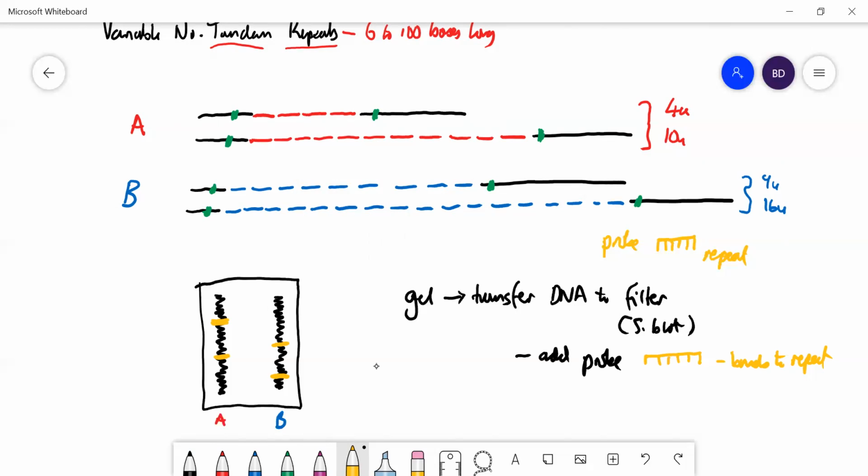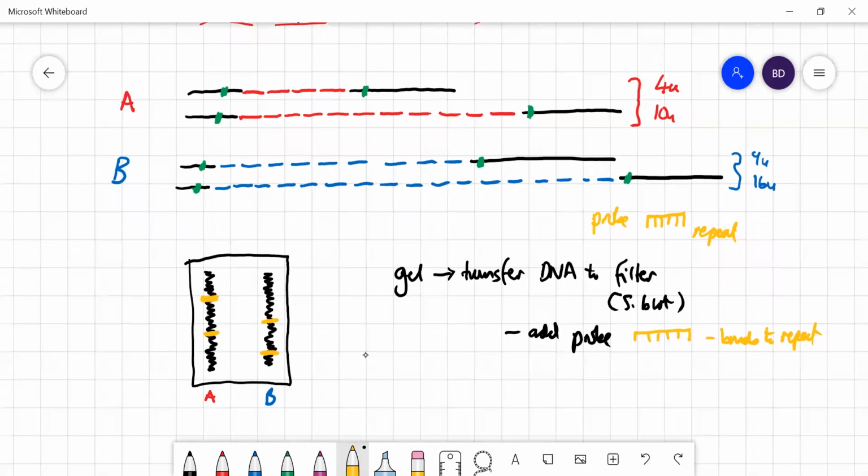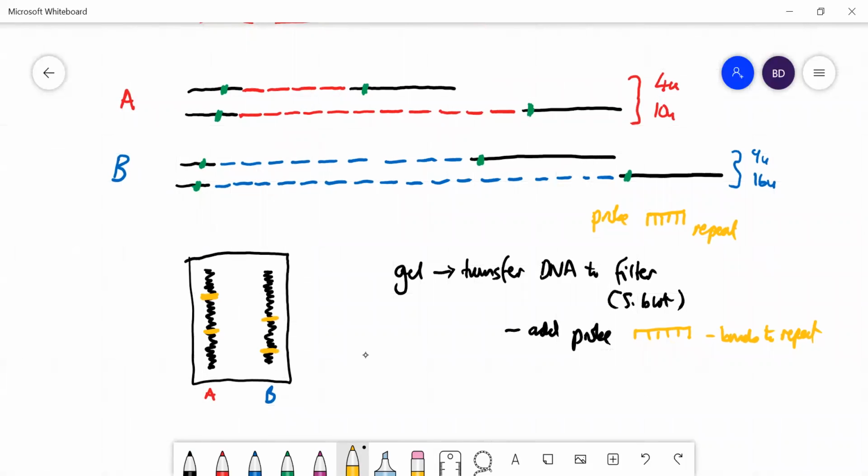Now, that is not going to be enough to identify someone unambiguously. If you found someone's DNA at a crime scene and it was like that, and then you tested somebody who was a suspect and they had the same, there is a chance that it just could be pure coincidence.